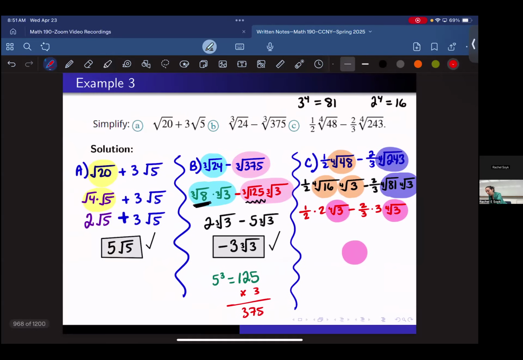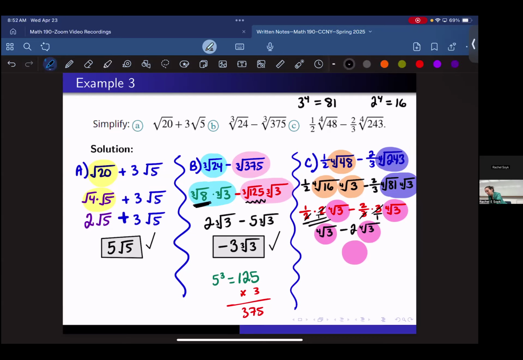We can simplify these products. 1/2 times 2 is just 1. So we end up getting just the 4th root of 3 for that first term. And then 2/3 times 3, the 3's cancel out. So we're looking at a -2 4th root of 3. So what's our final result? What's the 4th root of 3 minus 2, the 4th root of 3?